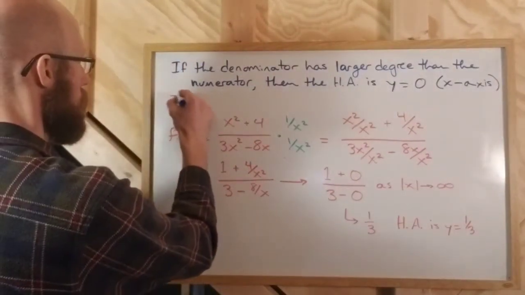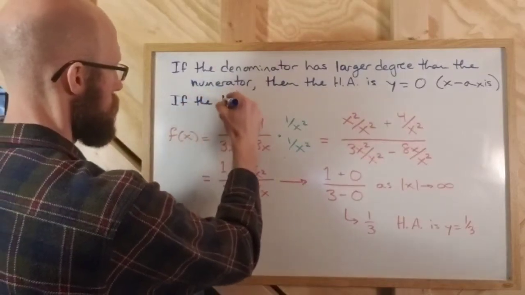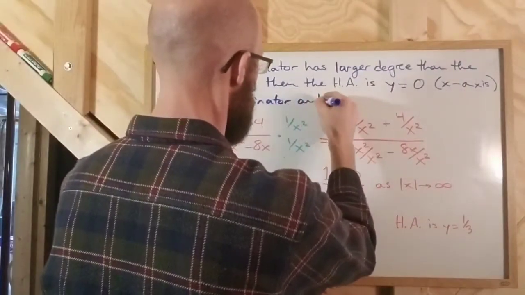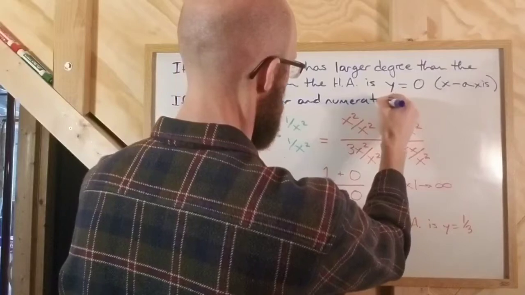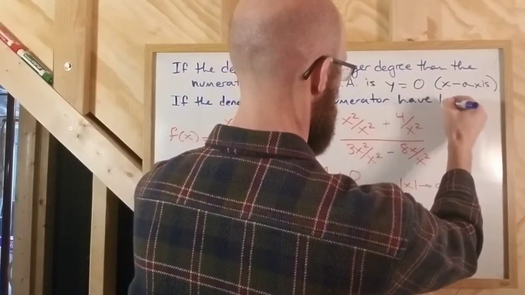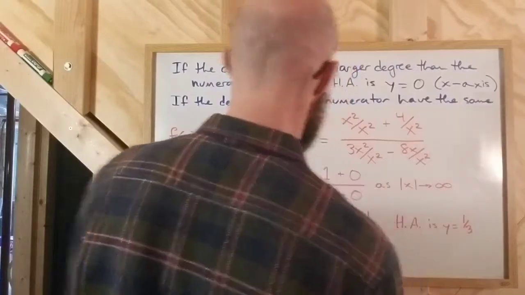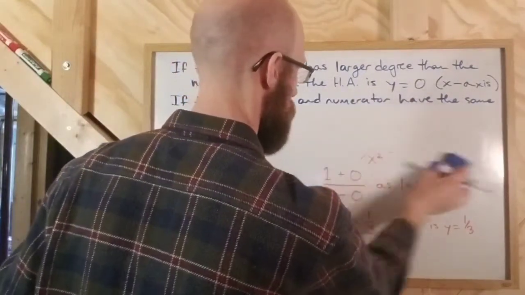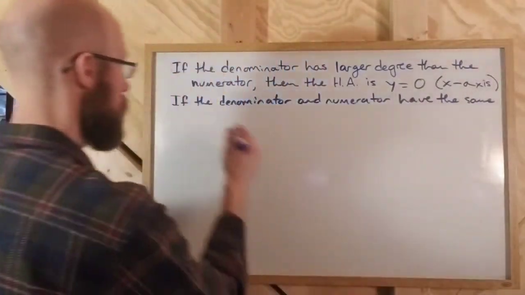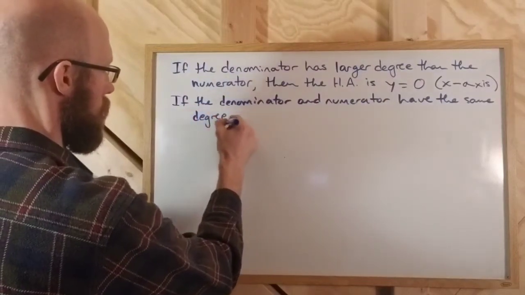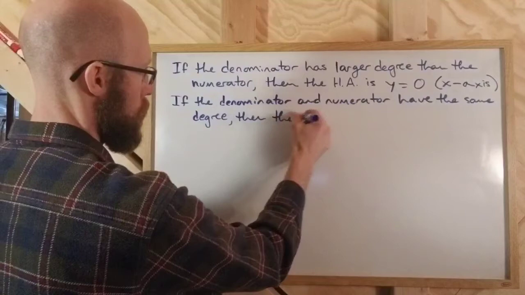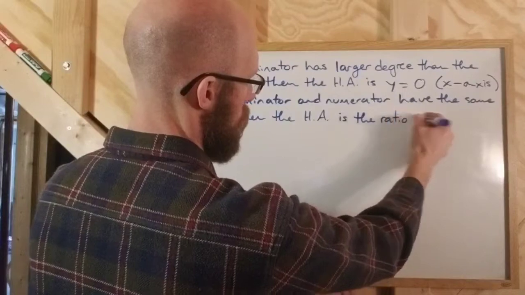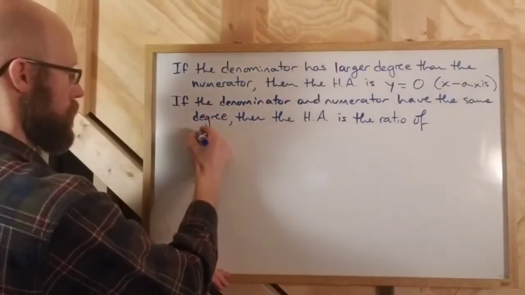So if the denominator and numerator have the same degree, then the horizontal asymptote is the ratio of leading coefficients.